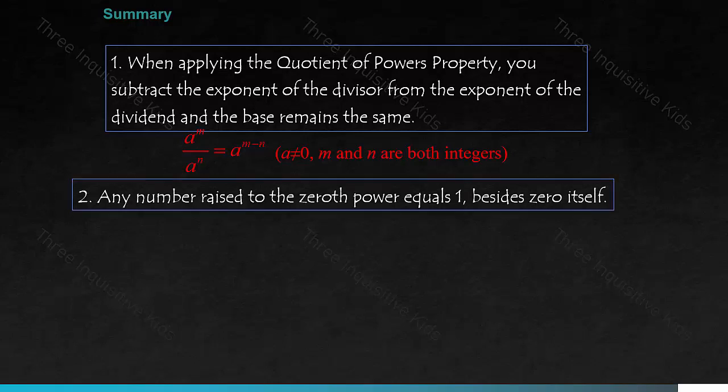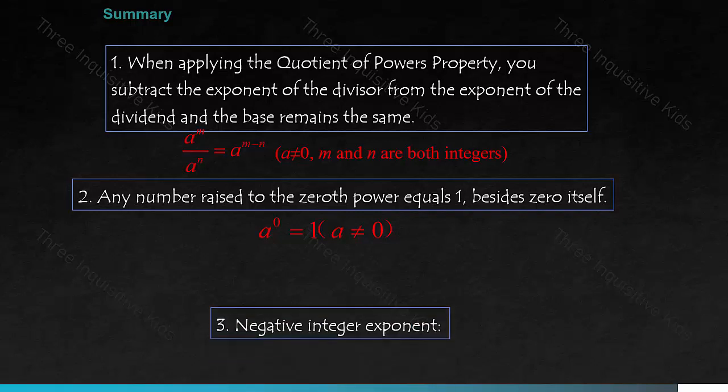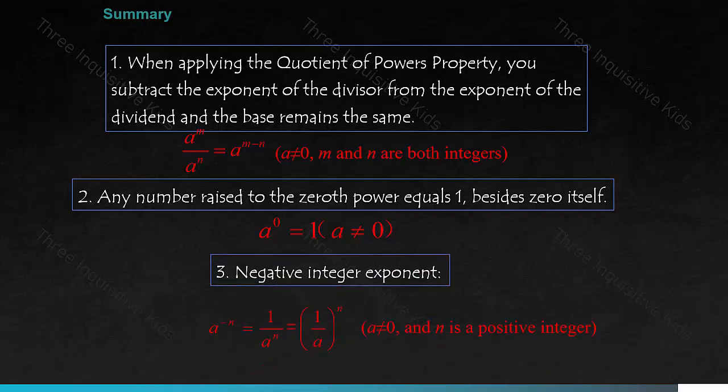Any number raised to the 0th power equals 1 besides 0 itself. So a to the 0th power equals 1, and a, the base number, cannot equal 0. So a to the negative nth power equals 1 over a to the nth power. And you can also rewrite it like this. a does not equal 0, and n is a positive integer.